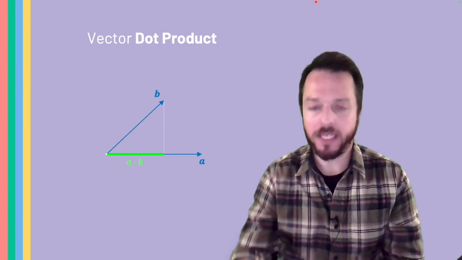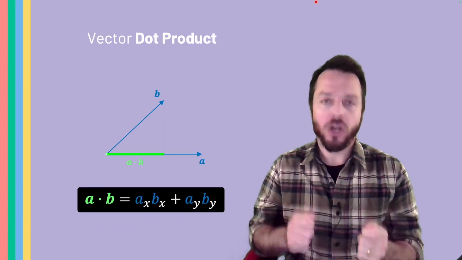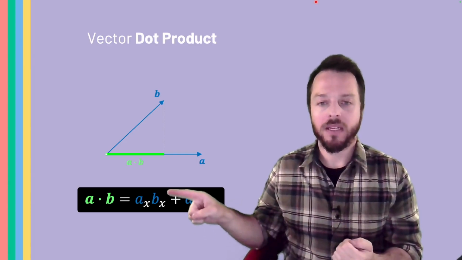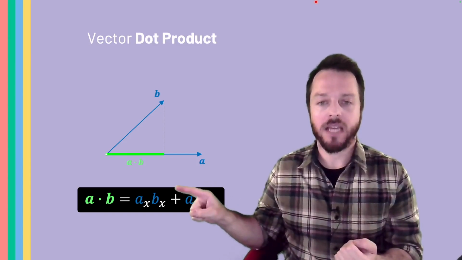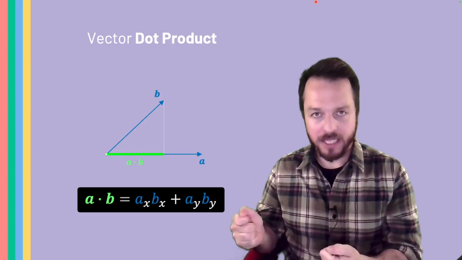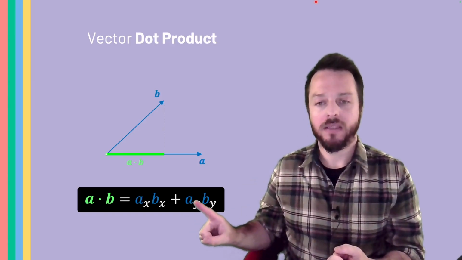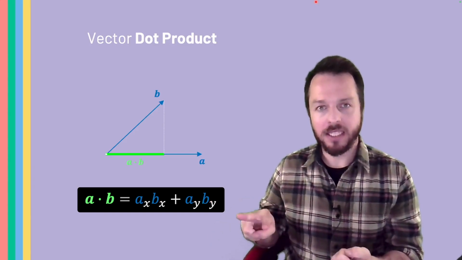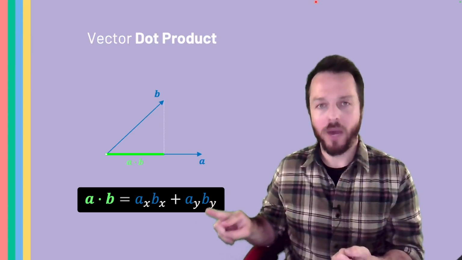Just for the sake of completeness, mathematically A dot B comes from the first vector's x times the second vector's x, plus the first y times the second y. So it's x's times x's plus y's times y's.